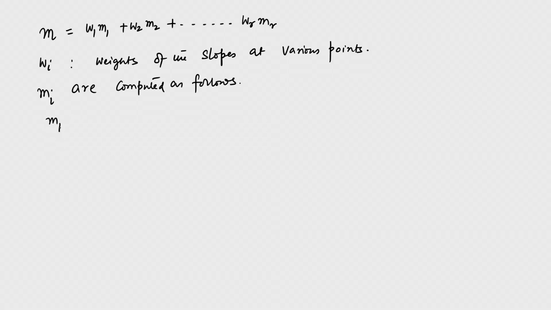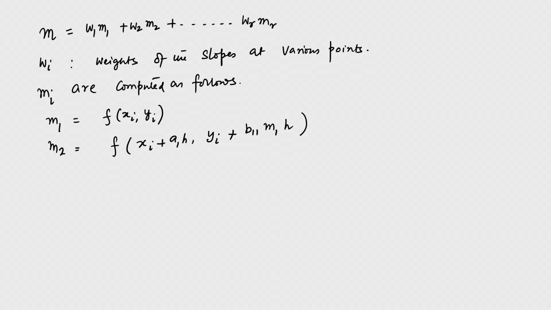So, M1, that is the first slope, is nothing but the slope at the initial point, which is the function itself. M2, importantly, uses the slope M1, it is f of xi plus A1 h and yi plus B11 M1 h.